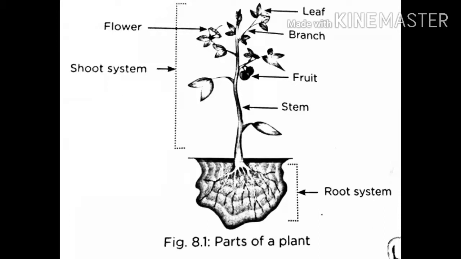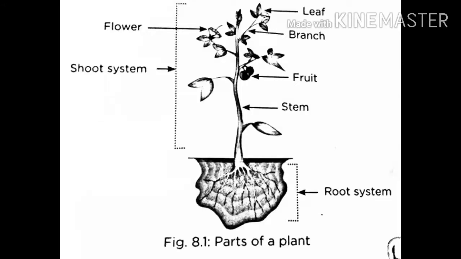First one, shoot system. It's usually present above the ground. Stem is the main part that bears branches, leaves, flowers and fruits. See this picture: leaves, branch, fruits and flowers. These all are the shoot system.